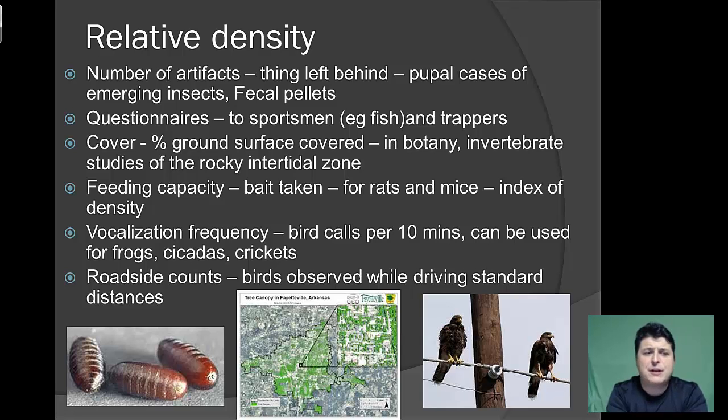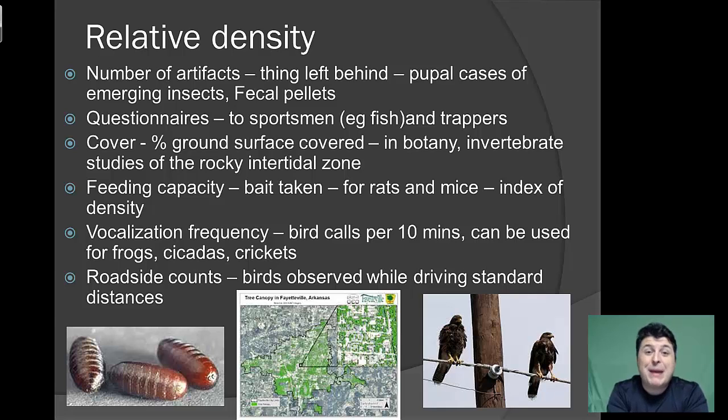We can put questionnaires out to sportsmen or trappers so that we can get an idea of how many fish or how many fur-bearing animals they're capturing, because if they're having successful seasons, that typically might tell us that, relatively speaking, there are pretty good populations of those individual organisms.